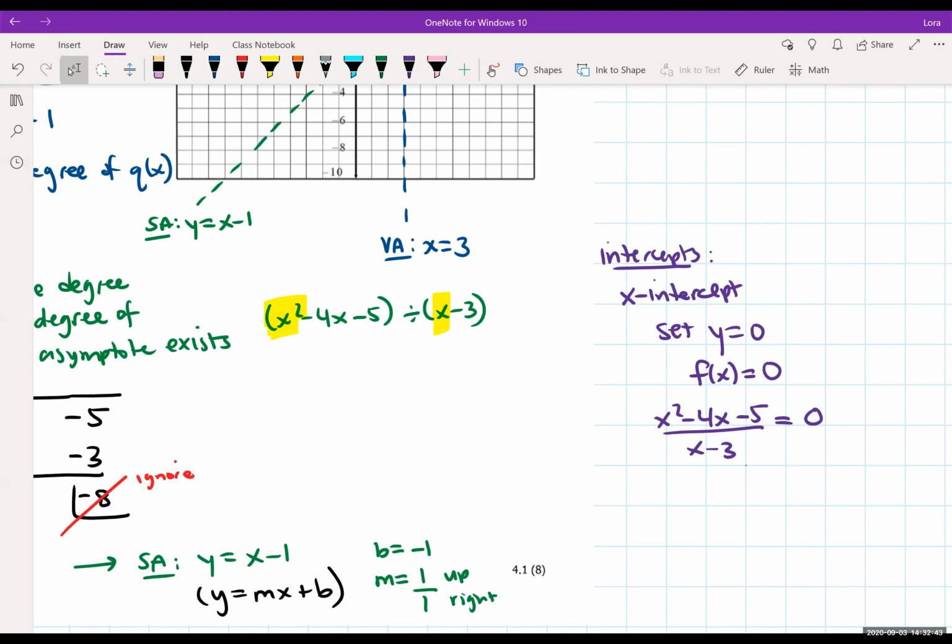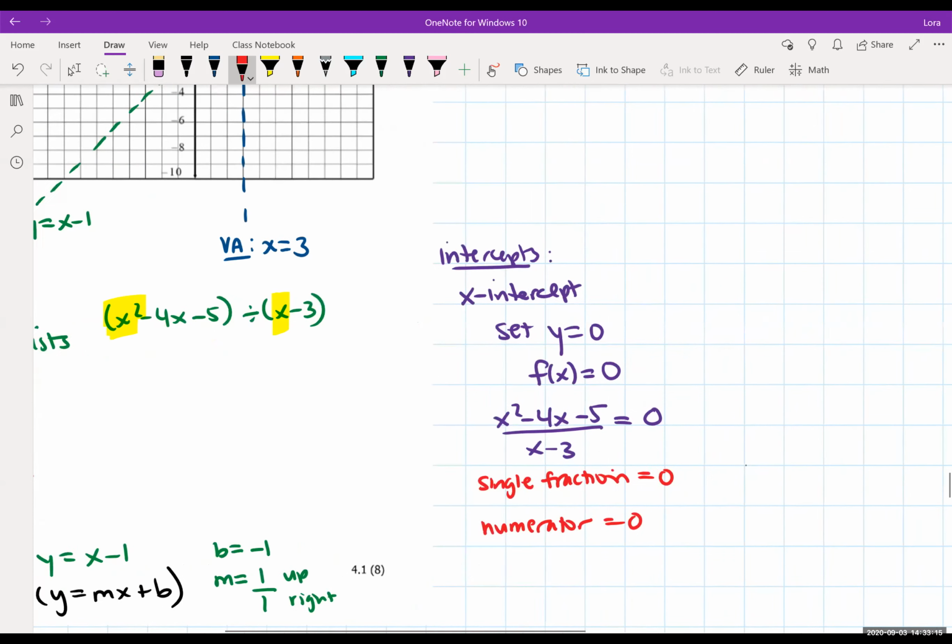Good thing we know about fractions. We have a single fraction equal to 0. Anytime you have a single fraction, with no sum of terms, no different fractions being added or subtracted, and it's equal to 0, the only possibility is that the numerator is equal to 0.